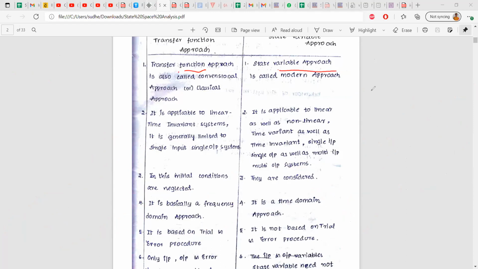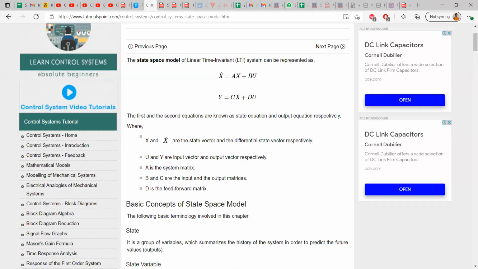So in the state variable approach, what are the elements we have? Let's discuss. If you observe, this is the representation of the state space model. This is the standard representation model.